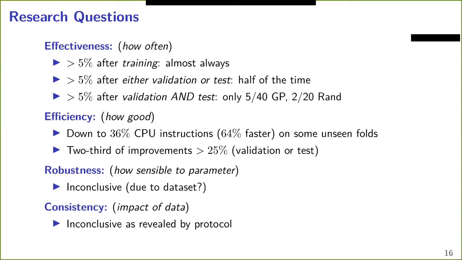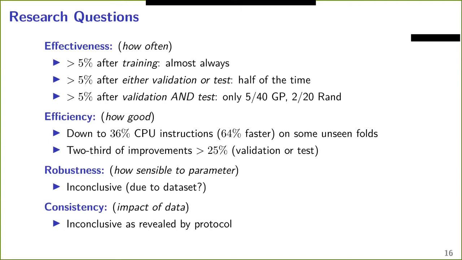But for improvement on both unseen instance subsets, the validation and the test subset, only 5 of the 48 GP approaches and 2 of the 20 random approaches yield more than 5% improvement. About efficiency, the best mutated software that we obtained runs 64% faster on some instance fold, and 2/3 of the improvements were greater than 25% on either the validation or test fold, which is really good.